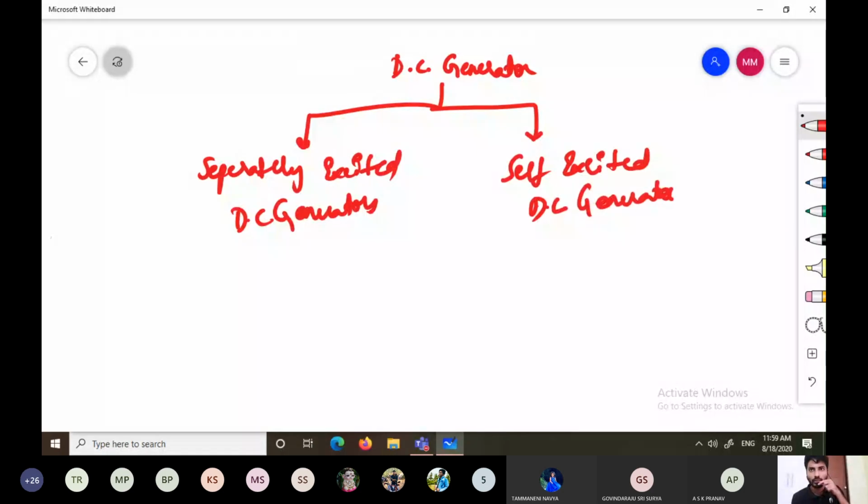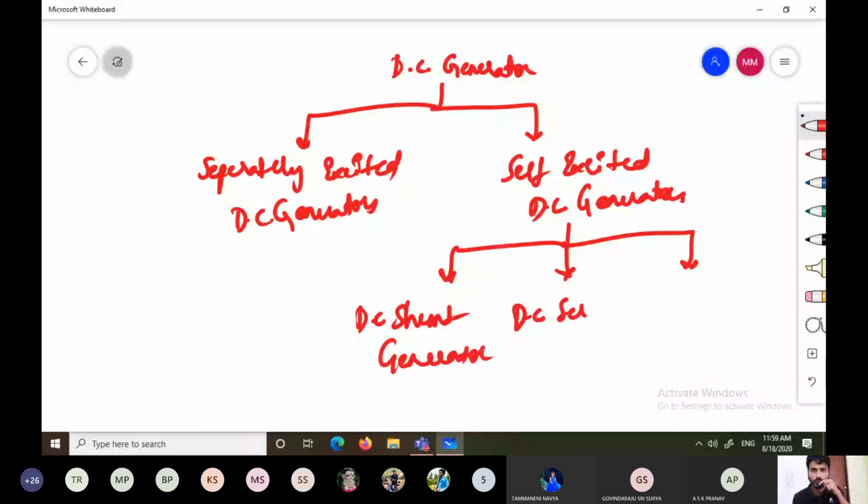Self-excited generators are again classified into three types. Those are the DC shunt generator, the DC series generator, and the DC compound generator. This is the classification of DC generators based on excitation.